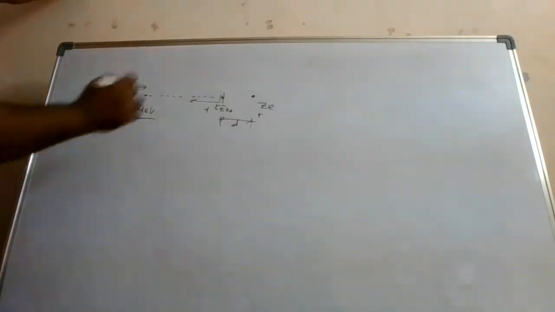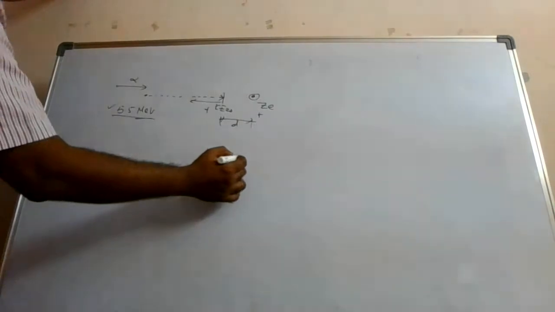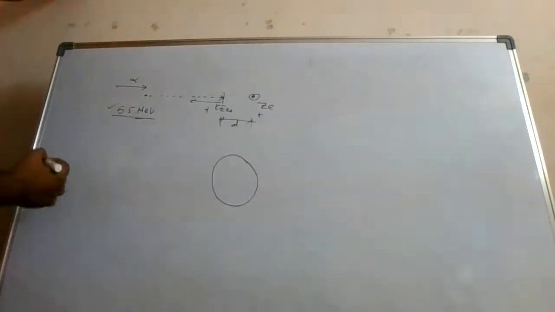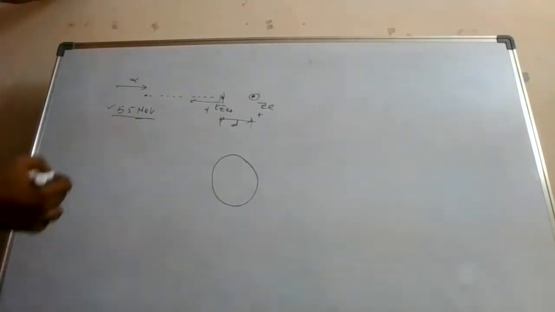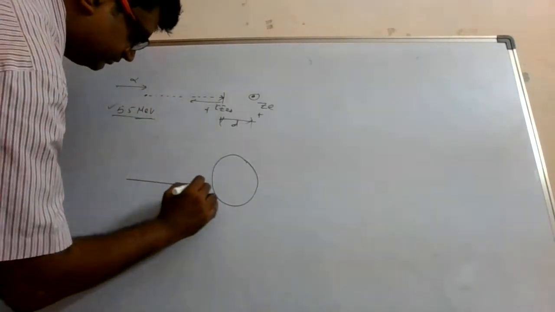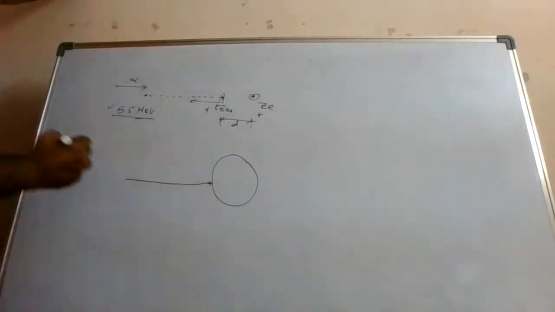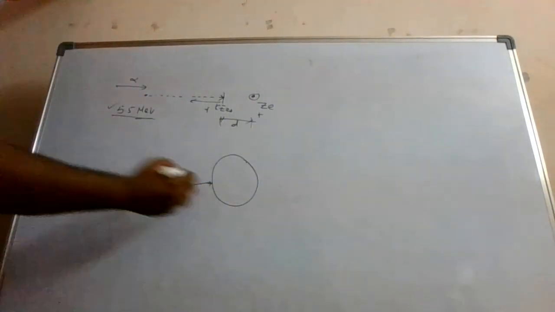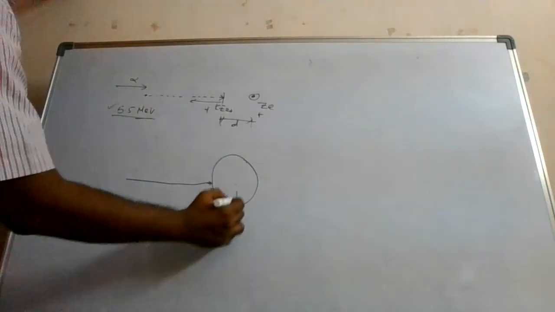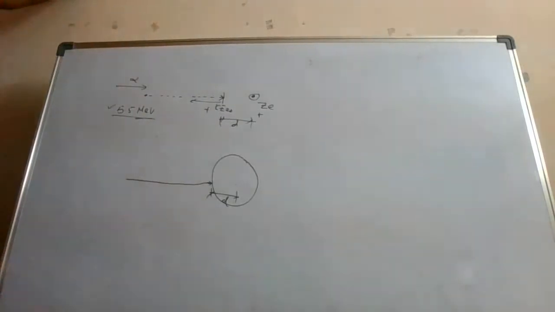Okay, but actually how will the nucleus be? Will the nucleus be like a dot? The nucleus will be something like this, isn't it? It will have some volume, it will have some radius. So this particle is coming close, and the maximum it can come is up to the tip of this nucleus. So from here to here, this is the distance of least approach, isn't it?